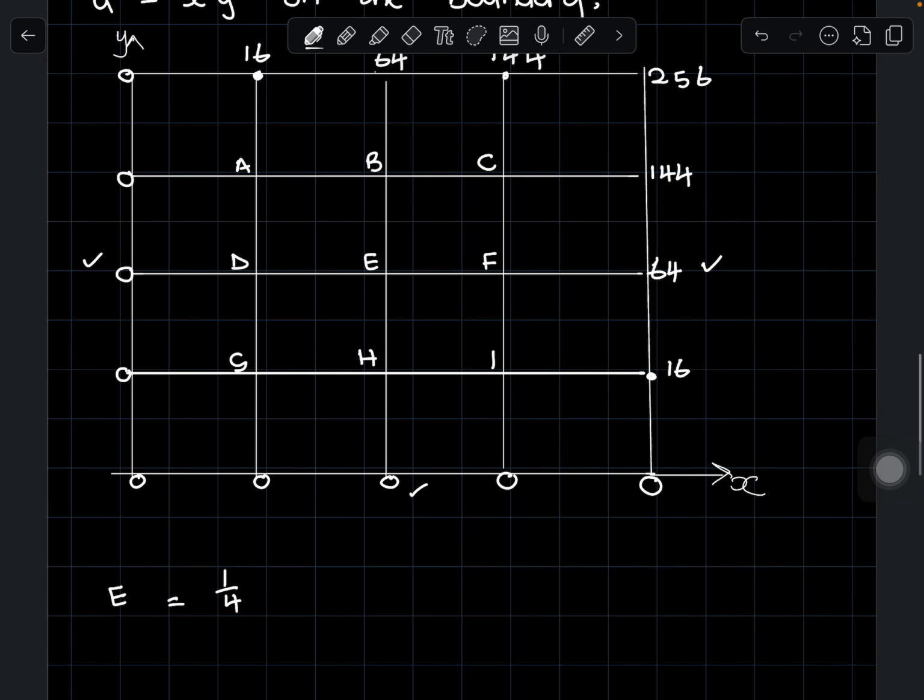Let me erase these so they don't confuse us and we can fully concentrate on the question. So at E we start at the center: 64 plus 0 plus 0 plus 64. What is 1/4 of that? We get 32.